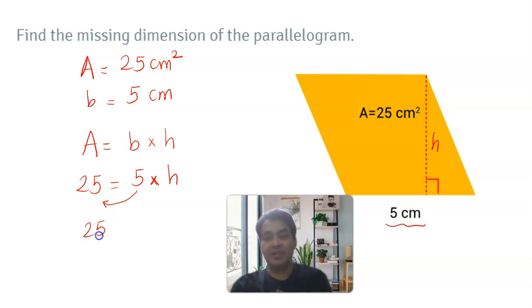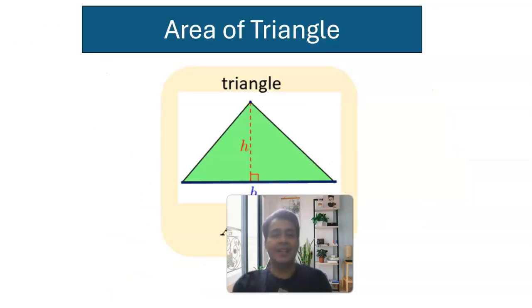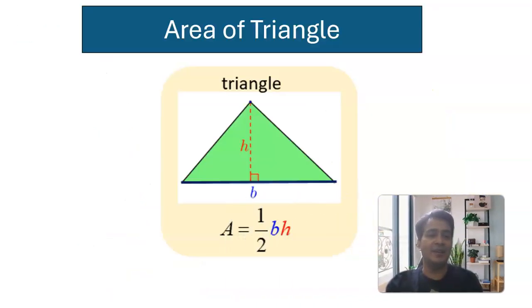So height equals 25 divided by 5. 25 divided by 5 is very simple. It's 5. So the answer for height is 5 and the unit is centimeter. Okay. So height is 5 centimeter. That's the missing dimension.